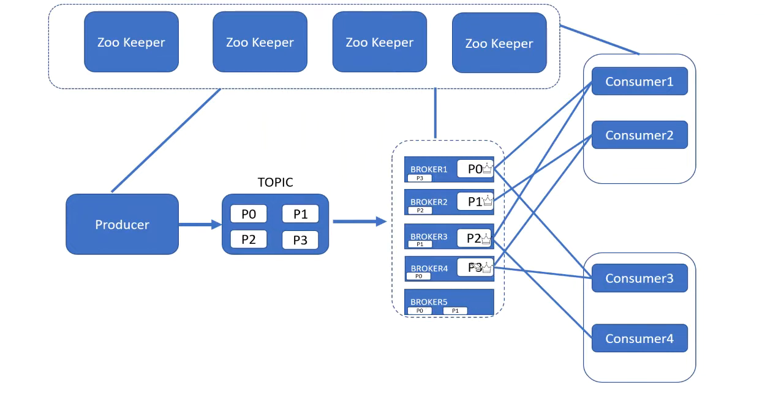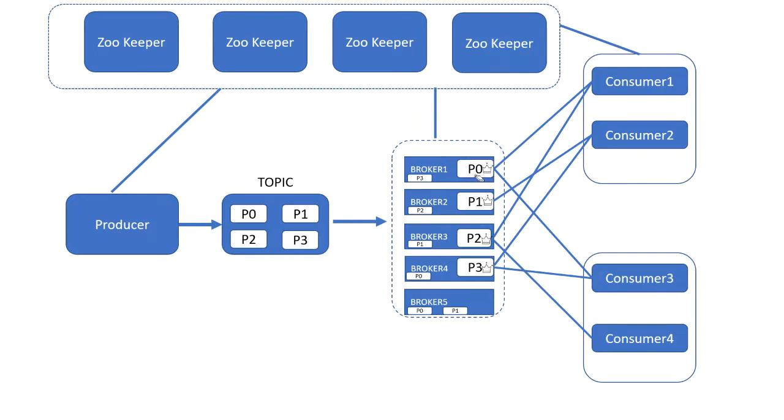So the concept of this leader is, if a producer produces data, it would be kept in this P0 partition, but it would be slowly replicated onto broker 4 and broker 5. But the consumer will consume the data only from the leader. So the leader is the one from which the data is read and consumed by the consumer.